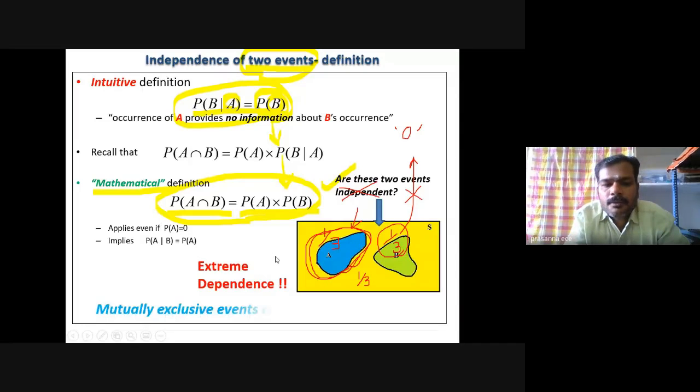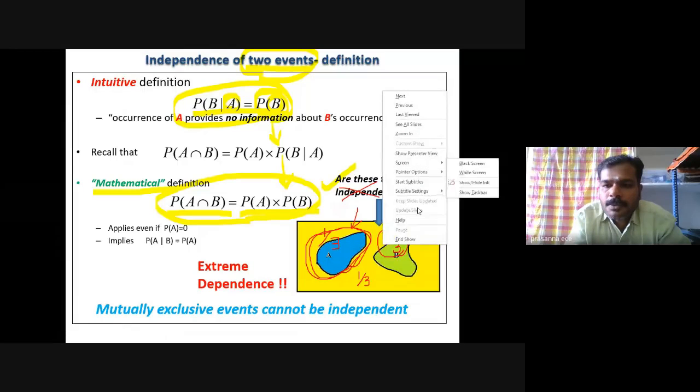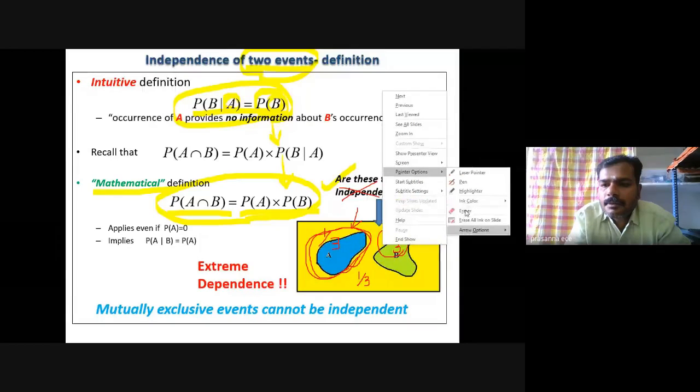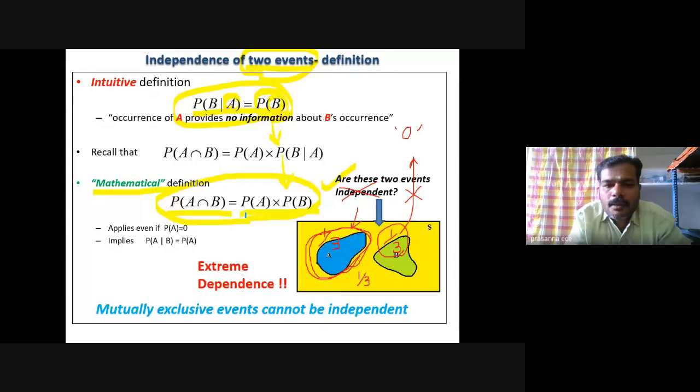Disjoint events we can also call mutually exclusive events. The important point to observe here is that mutually exclusive events cannot be independent. Why? Observe this definition of independence. What do mutually exclusive events have for P of A intersection B?